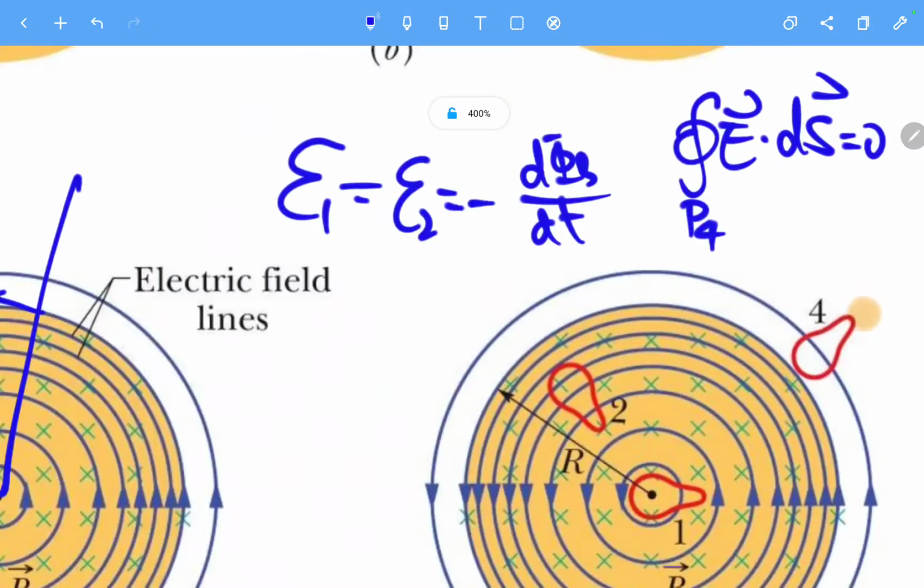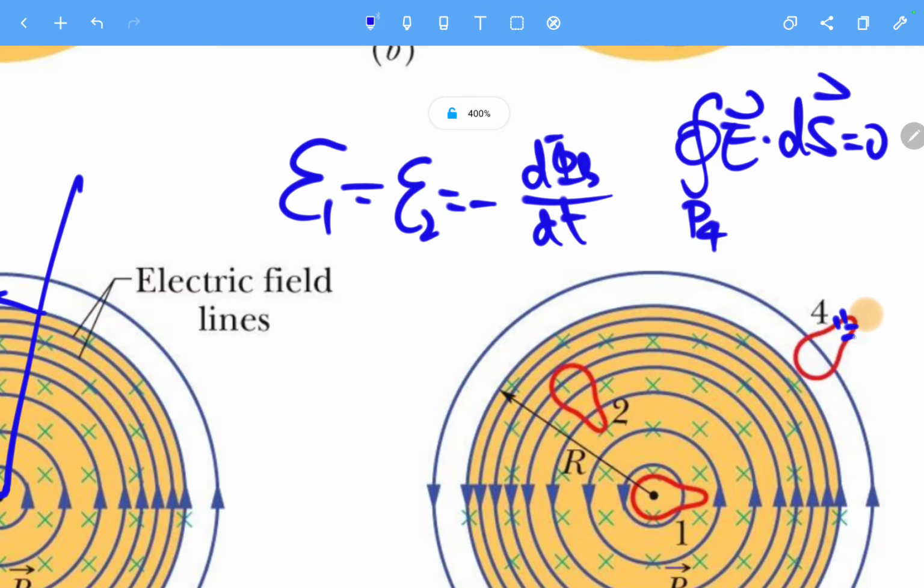If you cut this path into many small segments, calculate E dot ds for every small segment, and add them together using the Riemann sum, you get the integration of E dot ds for contour path 4, and it should be 0. Which means that part of it is positive, part of it is negative, and the positive part and the negative part perfectly cancel each other because of Faraday's law.